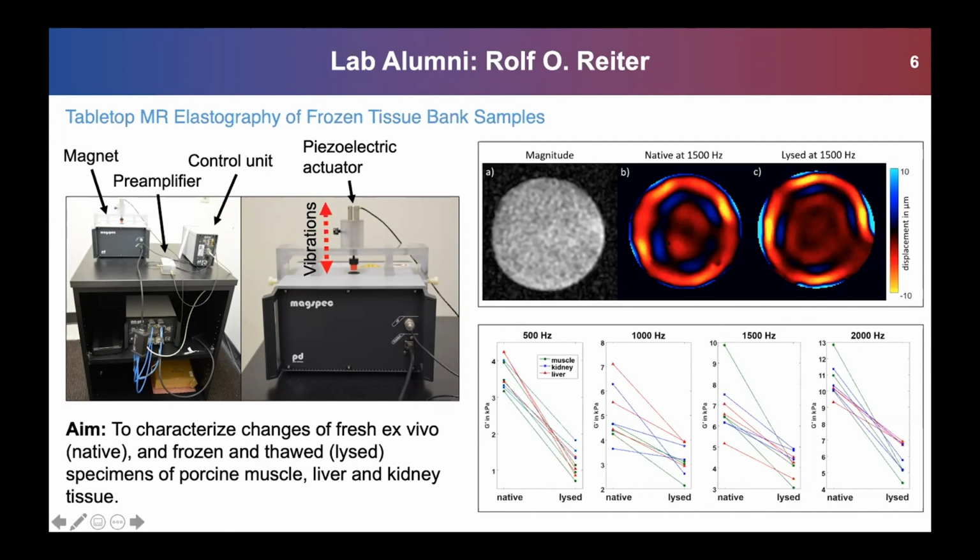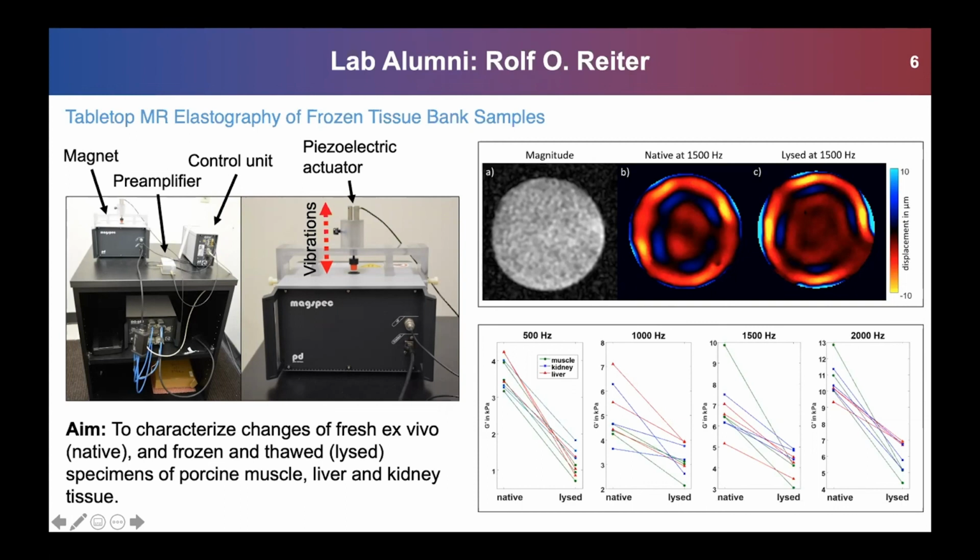On the right top, the porcine kidney specimen is scanned in the axial orientation in the glass capillary. The magnitude image shows a homogeneous tissue distribution compared with the native at the same frequency.